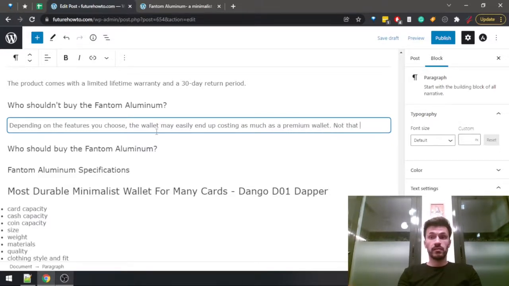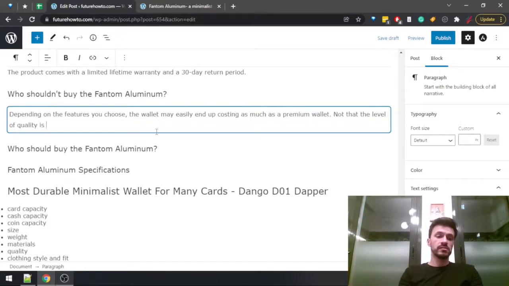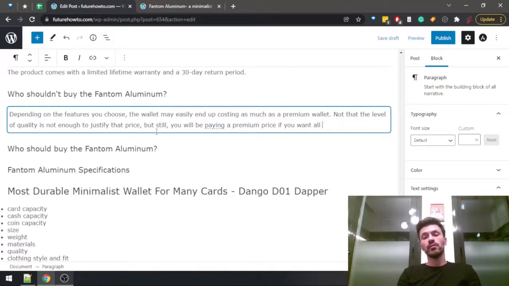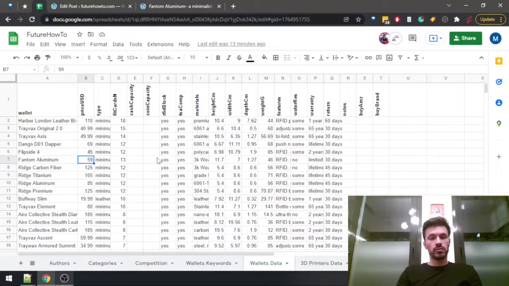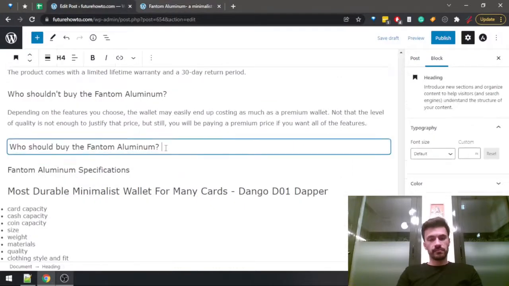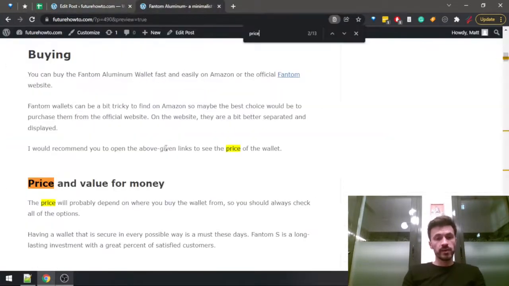Not that the level of quality is not enough to justify the price, but still you will be paying a premium price if you want all of the features. What else can we say here? That's enough. Who should buy it?